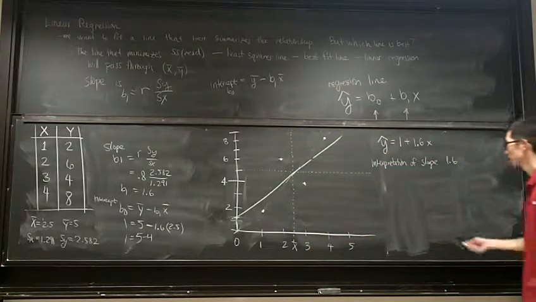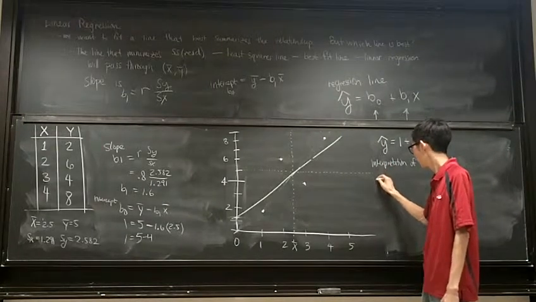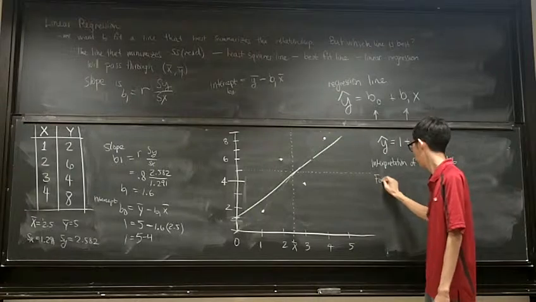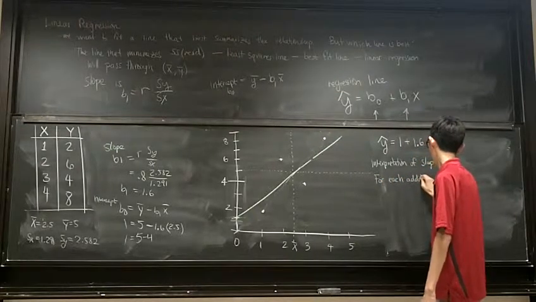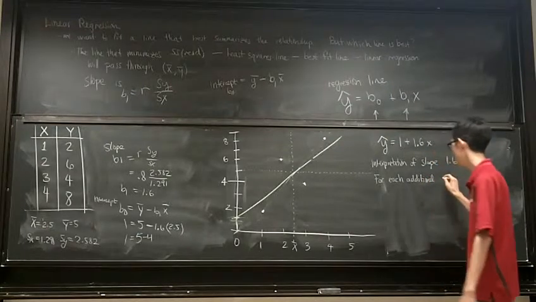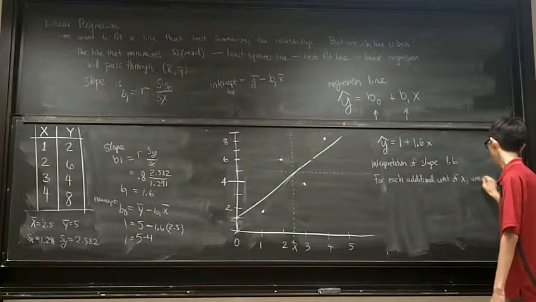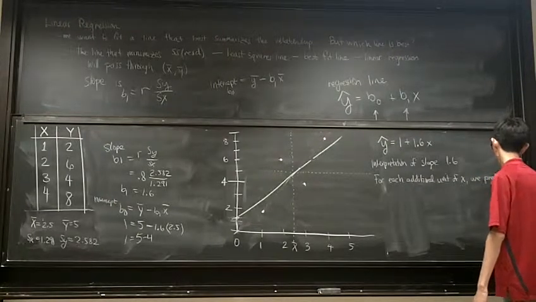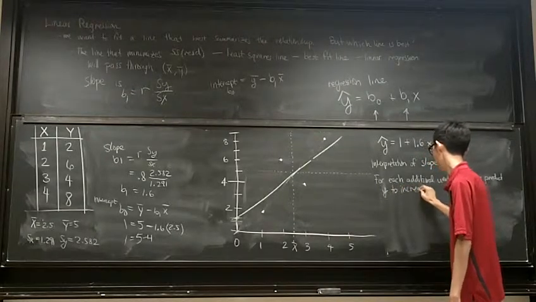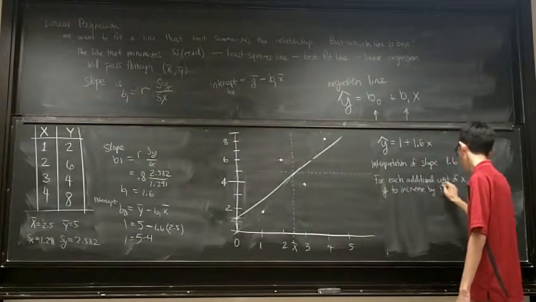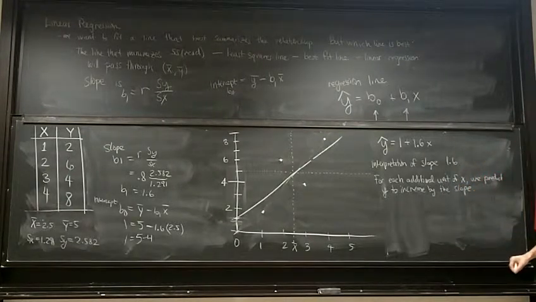This says for each additional unit of x, we predict y to increase by the slope, or decrease if the slope is negative.